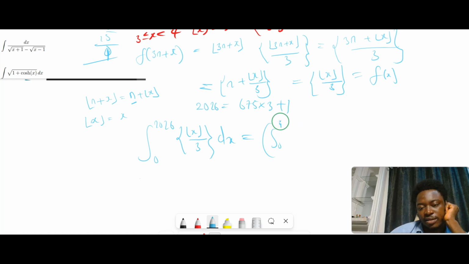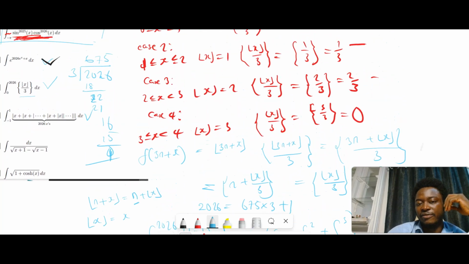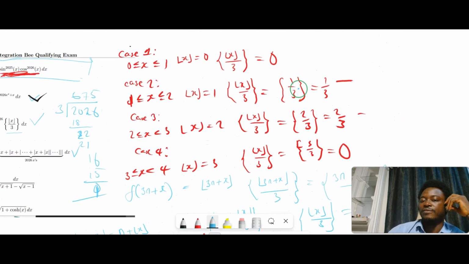For this particular integral, we only need to look at the integral from 0 to 1 plus the integral from 1 to 2, then plus the integral from 2 to 3, because every other point on the interval is going to repeat itself.